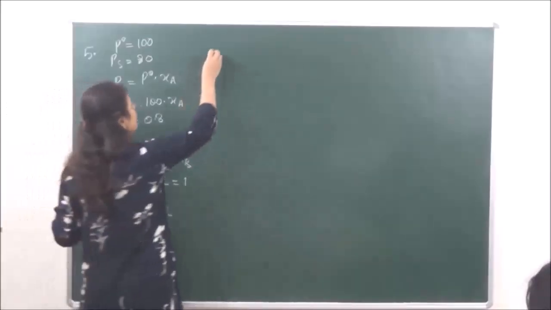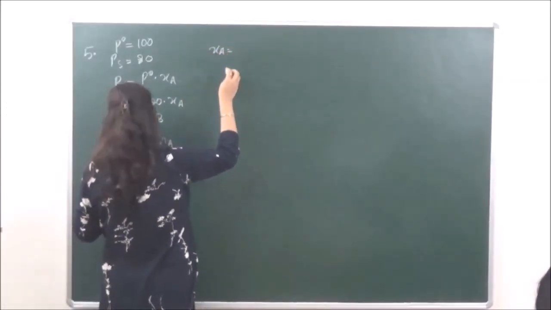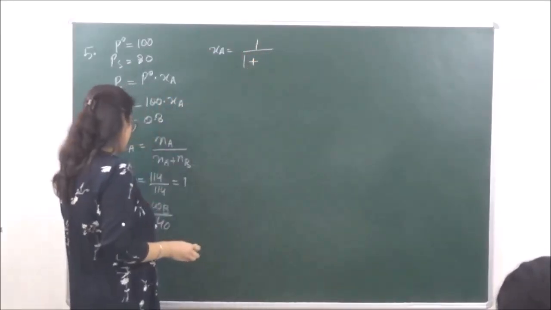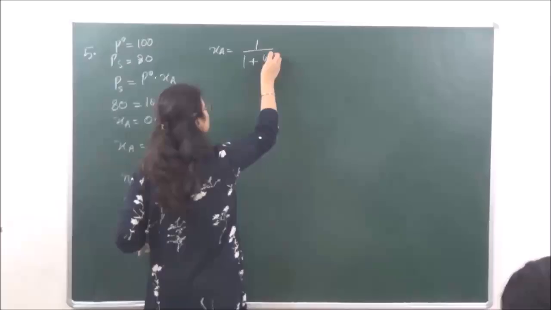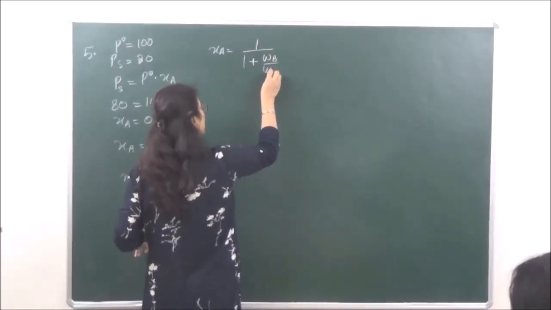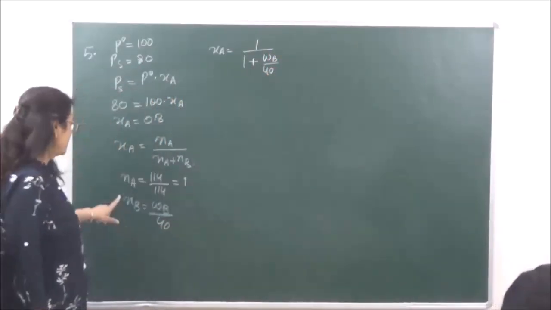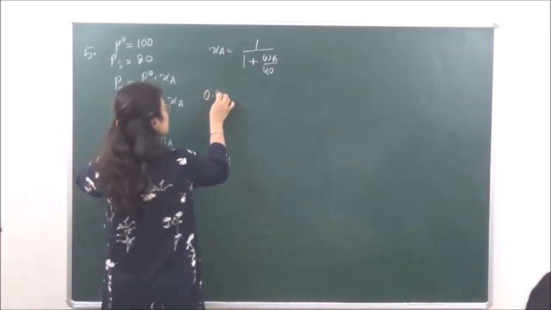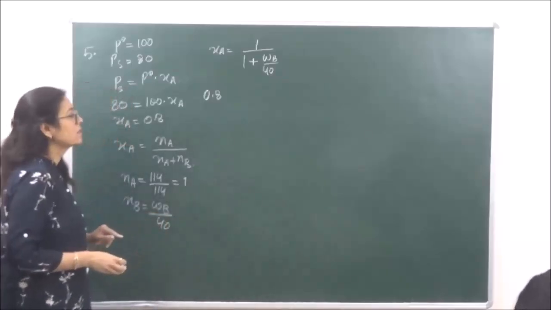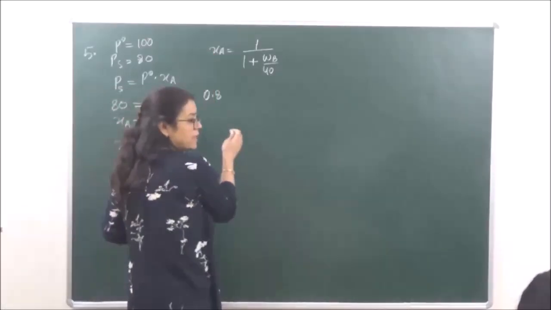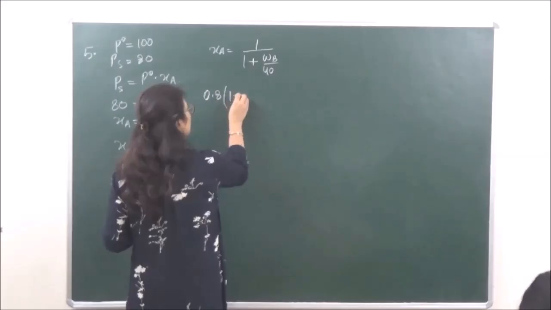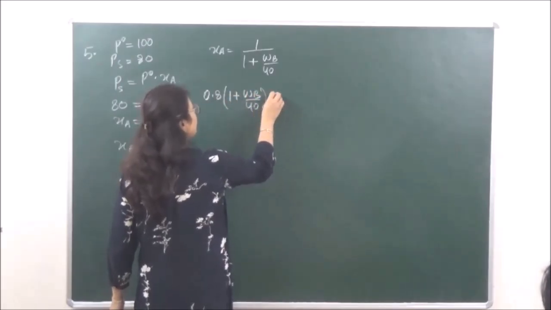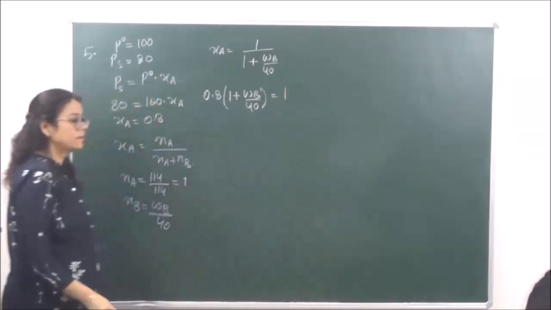So we will have XA equal to 1 upon (1 plus WB upon 40). XA which we have calculated is 0.8. So we have 0.8 into (1 plus WB upon 40) that is equal to 1.